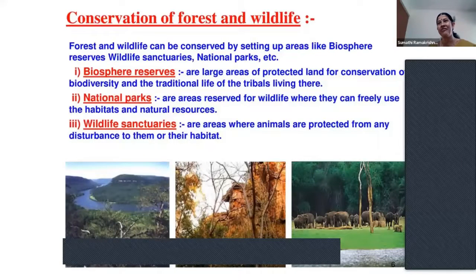Even if we are living in a flat, each of us has a small balcony where we can have a medicinal plant, like a tulsi plant, or mint, anything which doesn't need much manure. Small watering for that plant is more than enough.